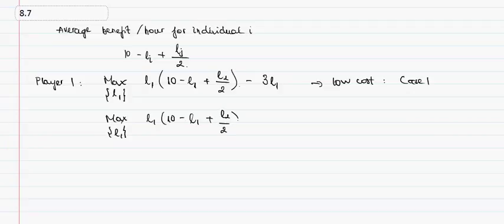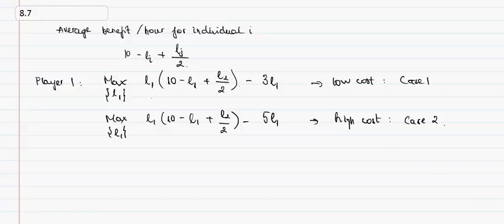The total cost is a bit different because the opportunity cost for a high cost player 1 is equal to 5, and we multiply that by the total number of hours player 1 spends on landscaping. So that's the objective function for high cost. Here we have case 2.